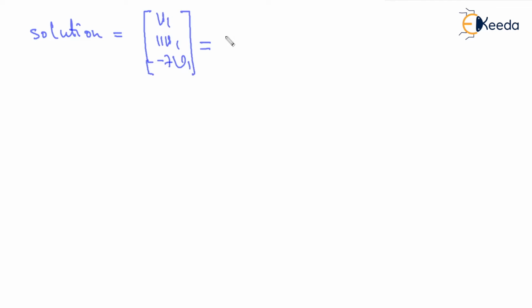Otherwise we can say it is k times (1, 11, minus 7). That means this vector is satisfying all the given equations. So we have two equations, and this is going to satisfy them, and all the multiples of this, with k being a scalar.